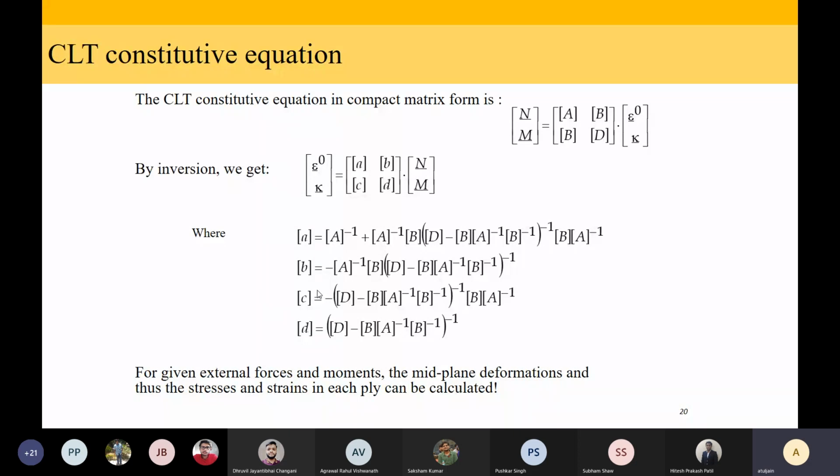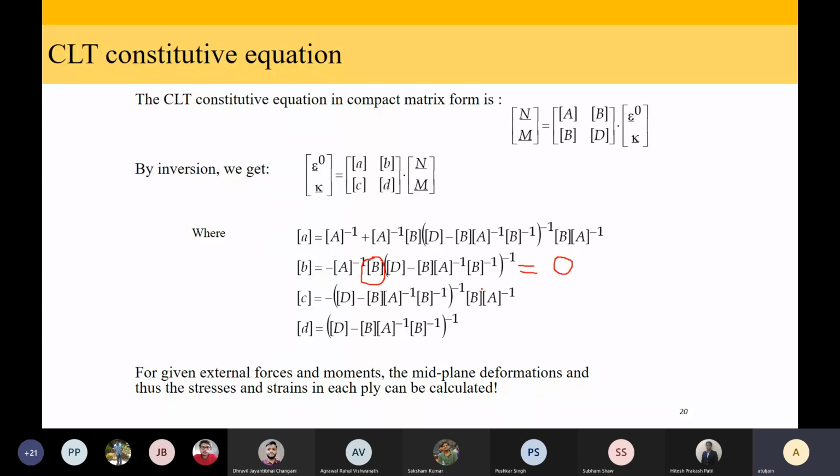So the small a will be inverse of capital A. Yes. Small b will be 0, because B matrix is 0. This term is 0. So B matrix is equal to 0 if I have symmetric laminate.